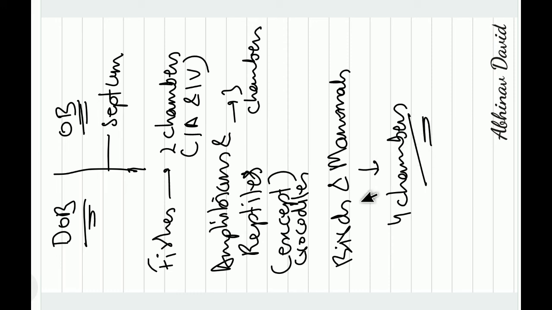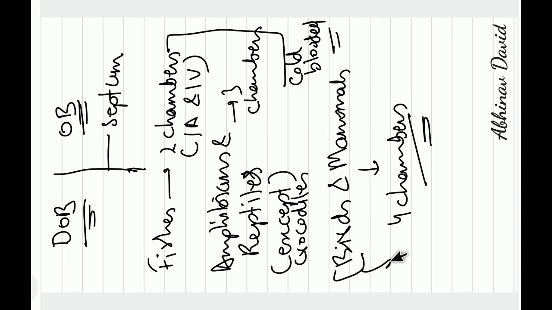As we have learned, the three groups, reptiles, amphibians and fishes, are all cold-blooded organisms. And what about birds and mammals? They are warm-blooded. What do you mean by cold-blooded and warm-blooded organisms?